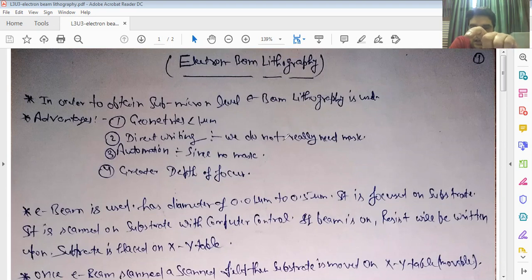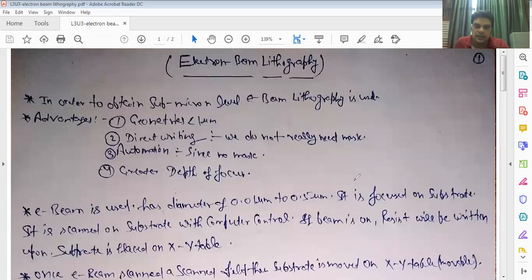The substrate here is placed on an XY table, and that table is movable along the XY axis. Suppose this is your substrate and this is placed on the XY table, which is movable.